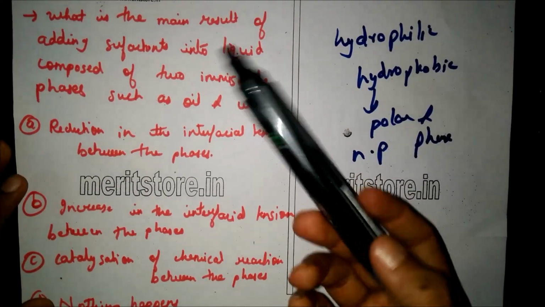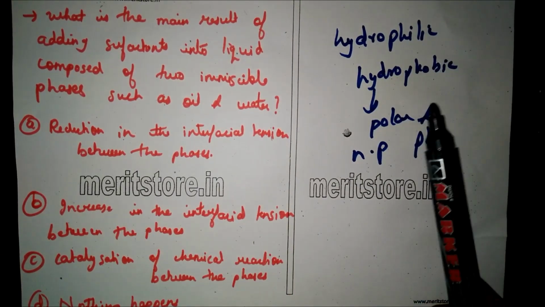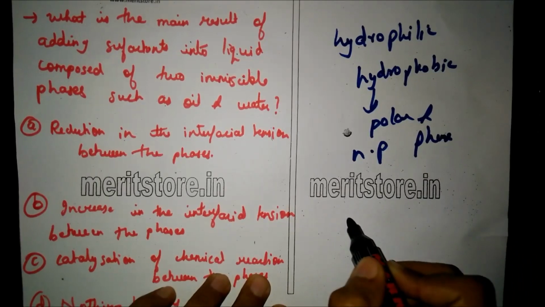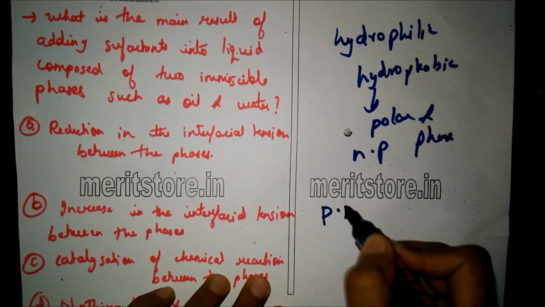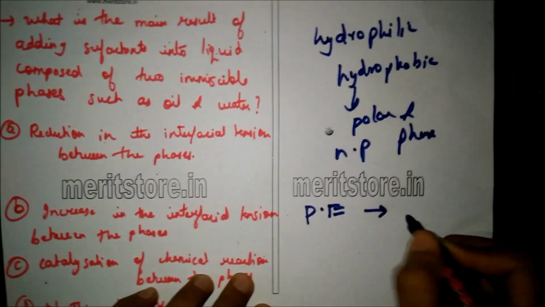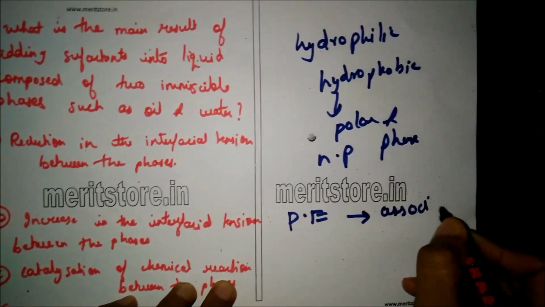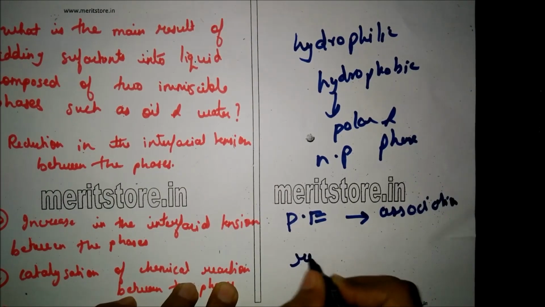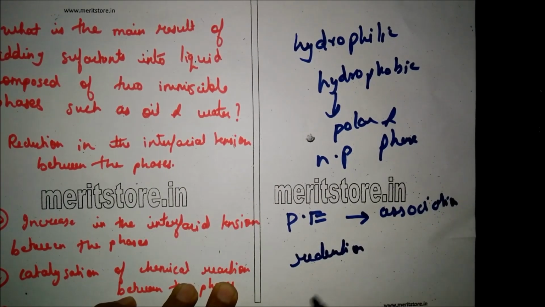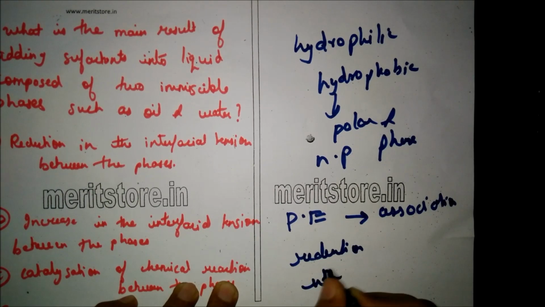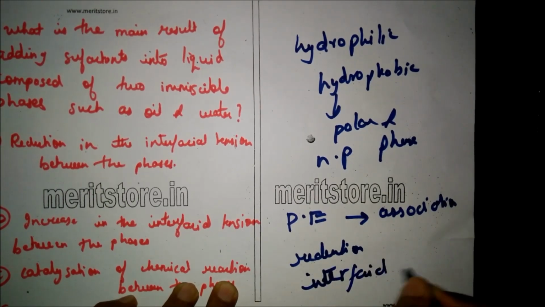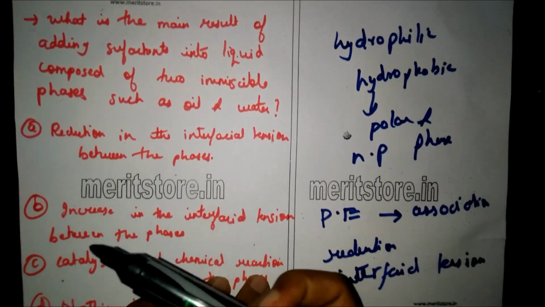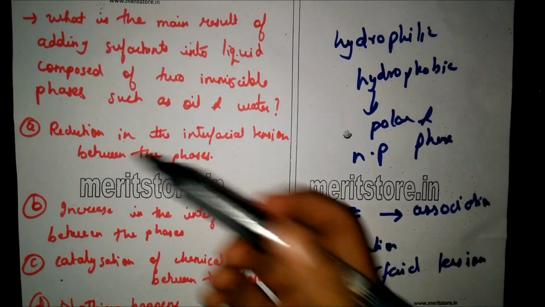This in turn utilizes the potential energy at the interface into more associations and affinity, leading to the reduction in interfacial tension. Therefore, here the correct answer will be option A, reduction in the interfacial tension between the phases.